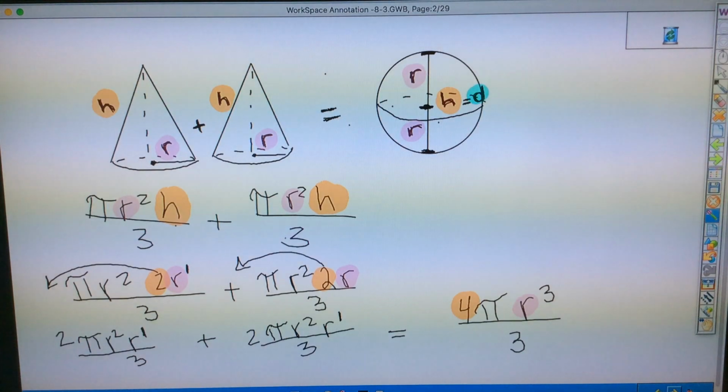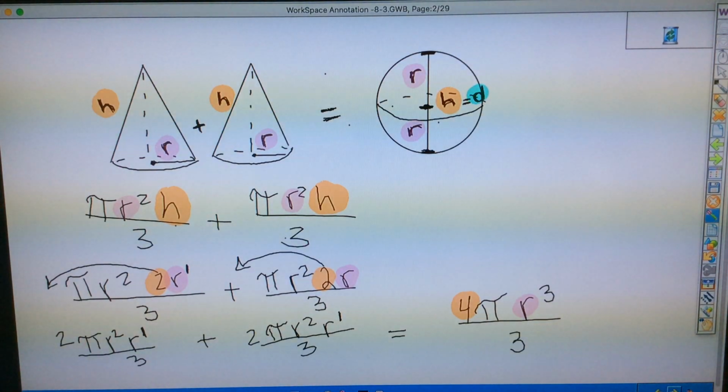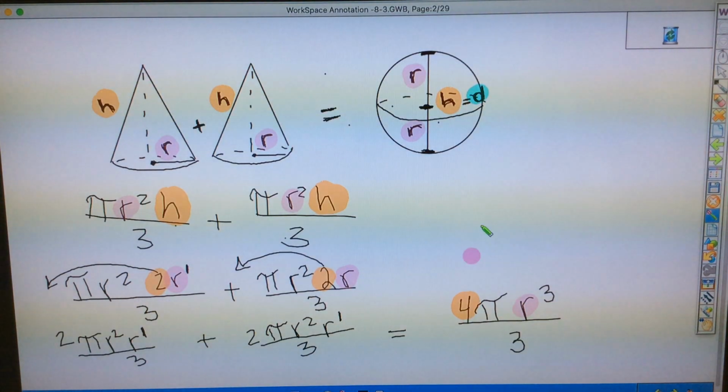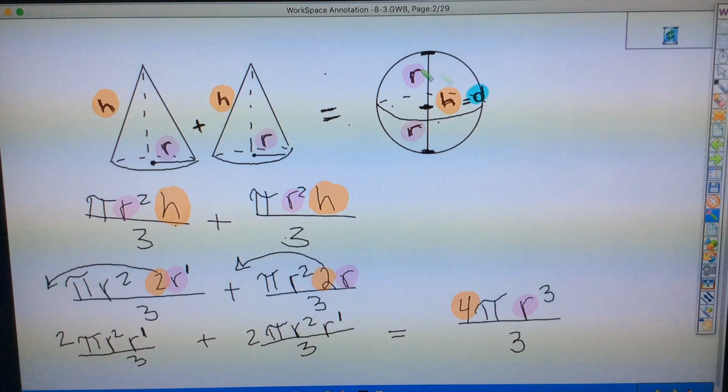So this looks pretty complicated. It kind of is. This is really just an attempt for me to explain to you why this formula works, okay? So here we go. Here's what we just watched in the video. We saw that 2 cones were equivalent to 1 corresponding sphere.